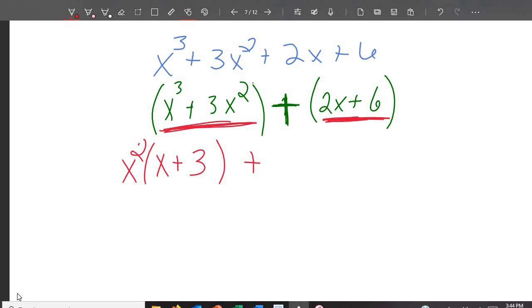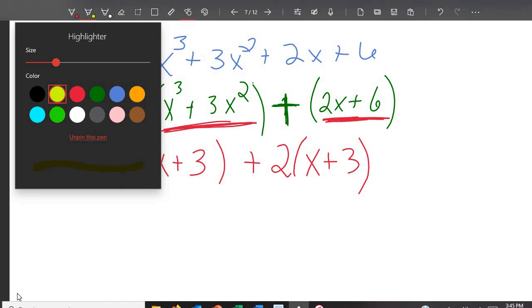Now, they will always have something in common. Sometimes it may be a 1. It's not a 1 this time, it's a 2. So we're going to put a 2 in front of the parentheses and divide. So we'll get x plus 3. If it's a 1, you're going to put a 1 where the 2 is. You've got to have something there. Now, I'm going to highlight.